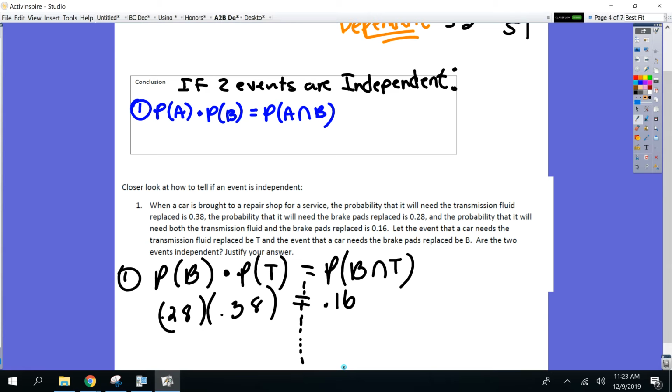And what do we end up with? What do we get here? 0.1064. Is that equal to 0.16? No. So are they totally independent of each other? No. One depends on the other, right? You getting brake pads depends on if you need transmission fluid.